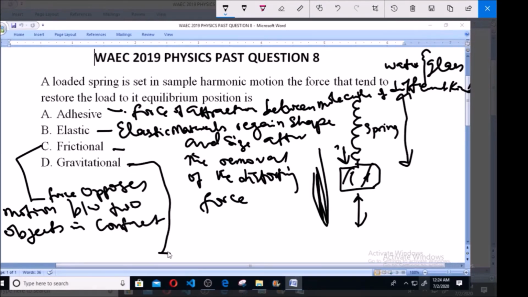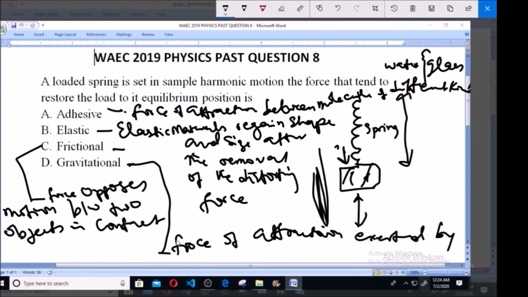Then finally, gravitational force is actually the force of attraction exerted by a body on all other bodies in the universe. So that very force of attraction exerted by a body on other bodies in the universe is gravitational force.